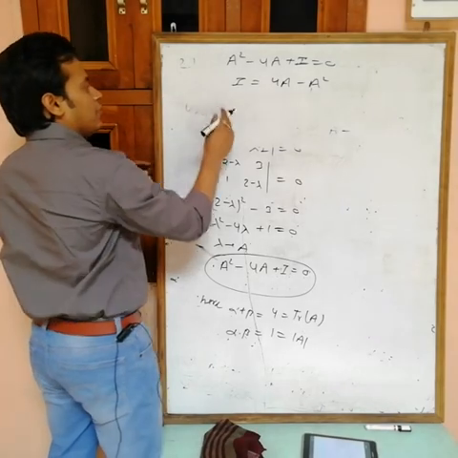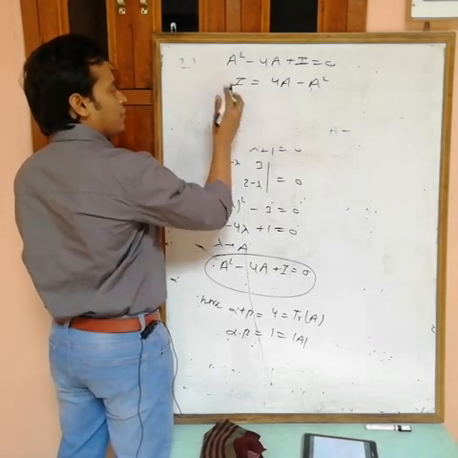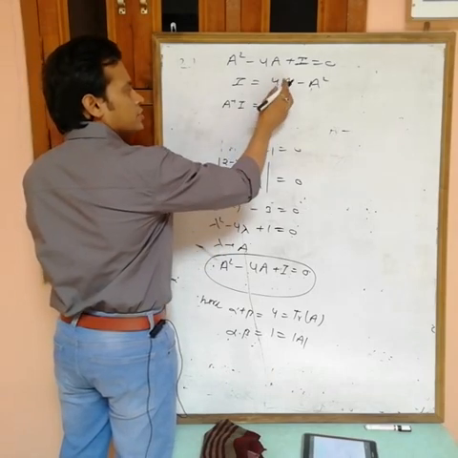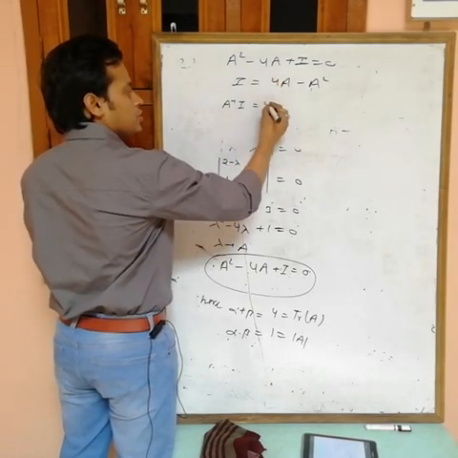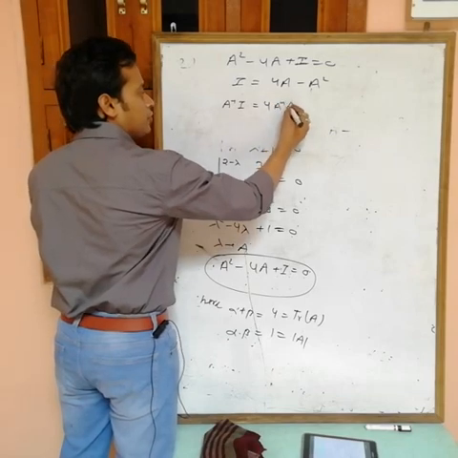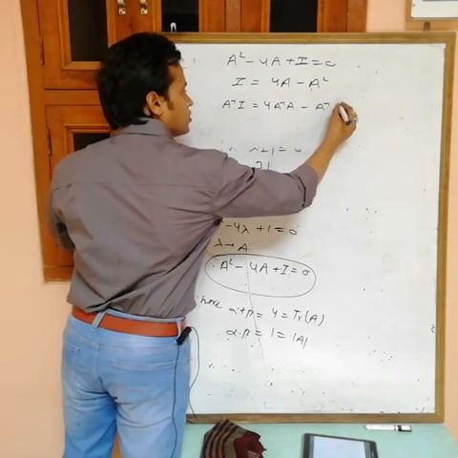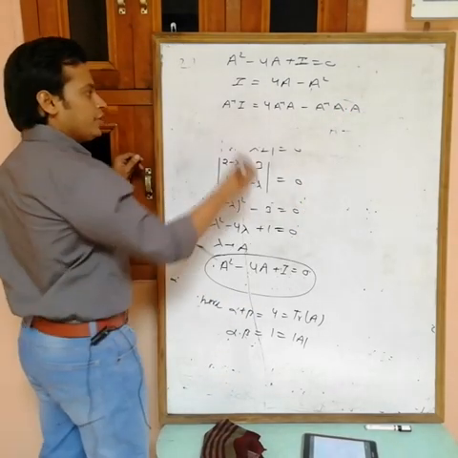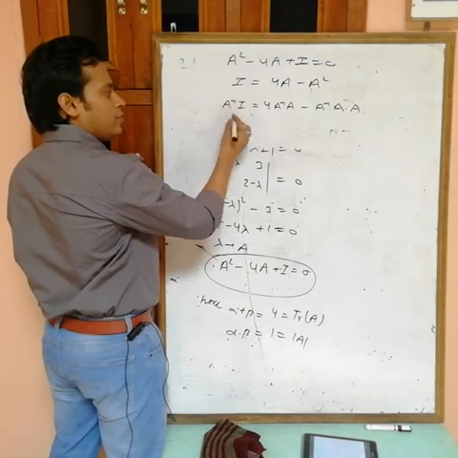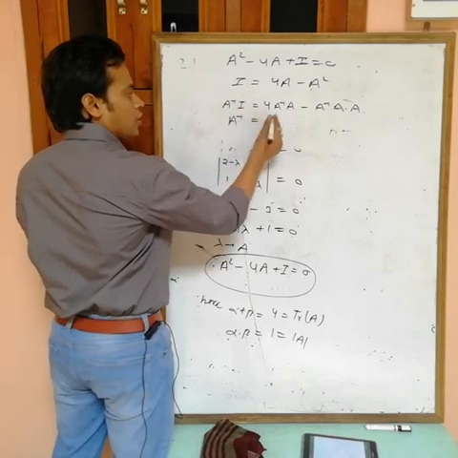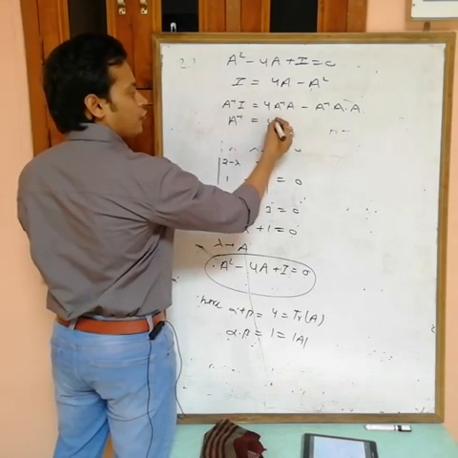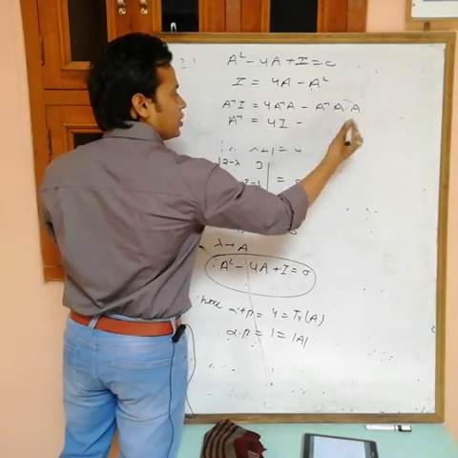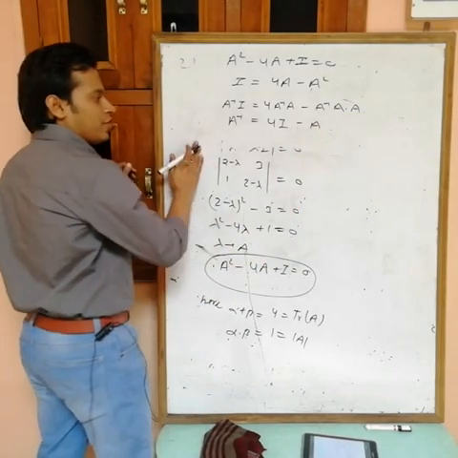Multiplying with A inverse: A inverse into I equals A inverse into 4A, but 4 is constant so it goes outside, minus A inverse into A square, which can be written as A into A. A inverse into I into any matrix becomes that matrix. A inverse into A is I, so 4I, and minus A inverse into A is I into A, which is A. So this is the value of A inverse.